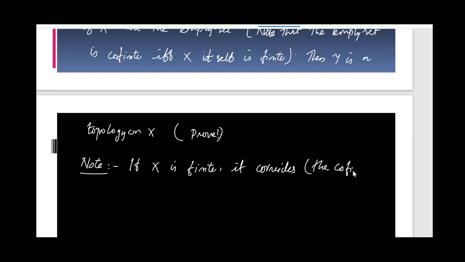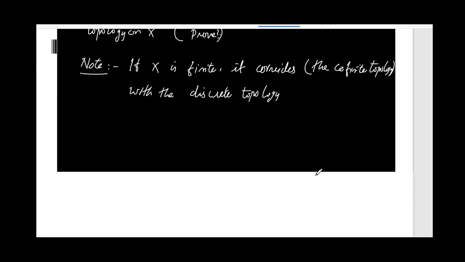Now what will happen if this set is finite? Note, if X is finite, the cofinite topology coincides with the discrete topology.